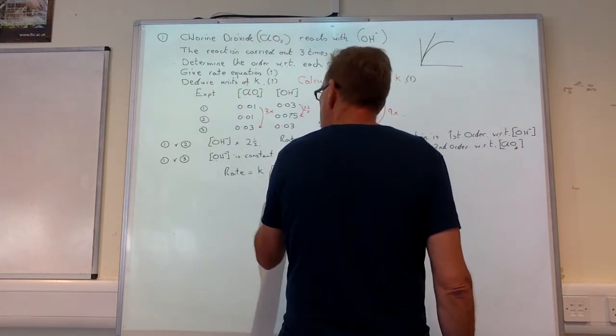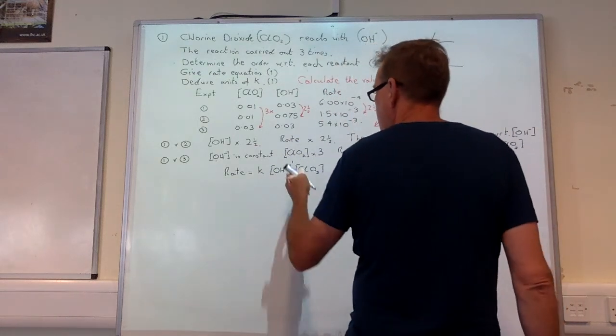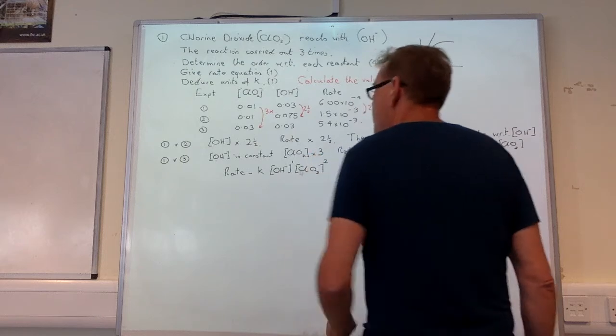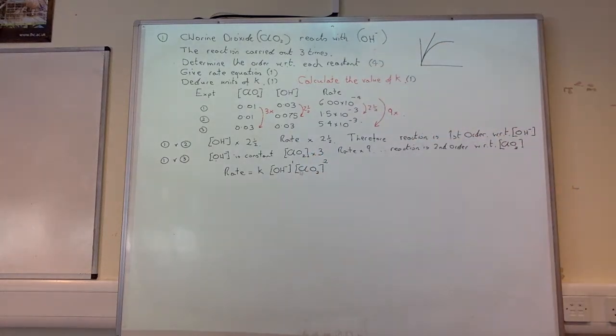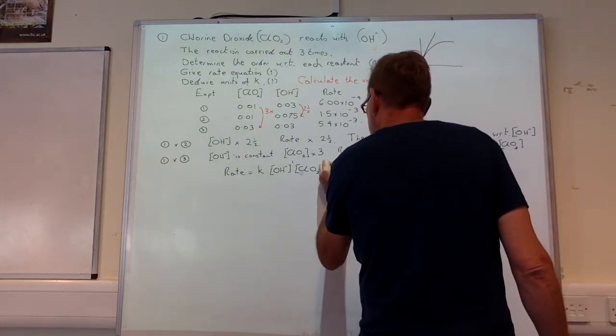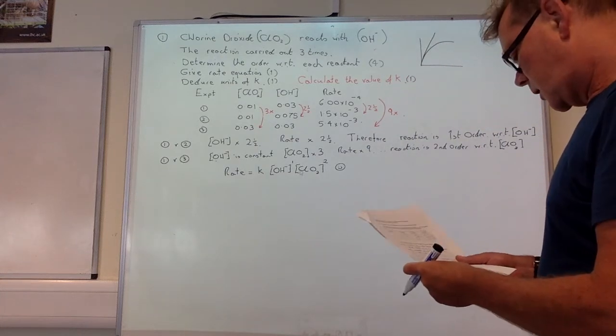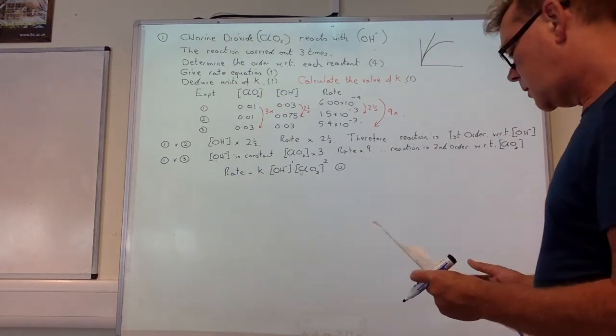You don't have to put a 1 in there, but I like to do that because I just prefer it because I'm a bit slow. Okay? Second order squared. That's the rate equation. Okay? So, in this case, 4 marks for me. Thank you very much. Happy smiley face. Done. Okay?